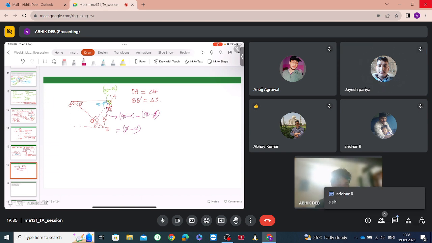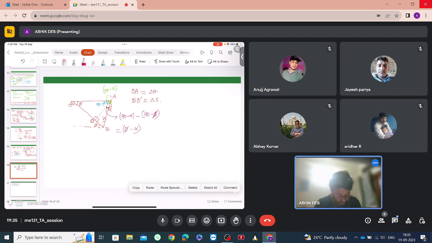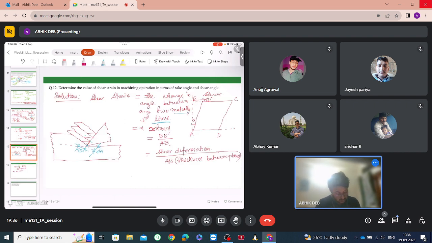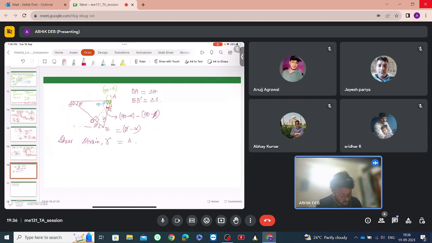So this is the angles. Now the shear strain, say gamma, is equal to delta S by delta H. That is the shear deformation by the original distance between the planes.